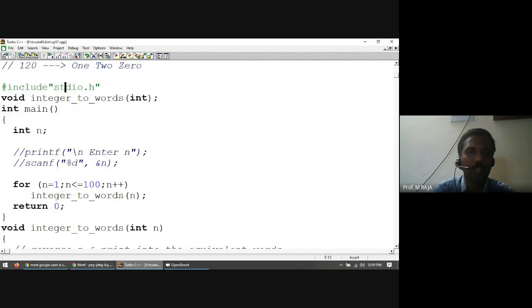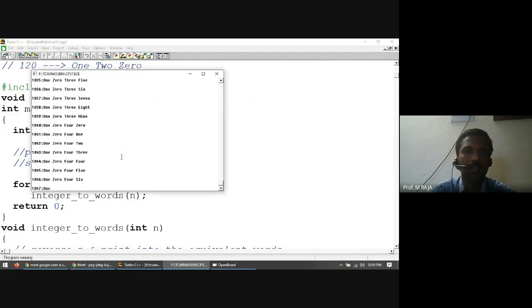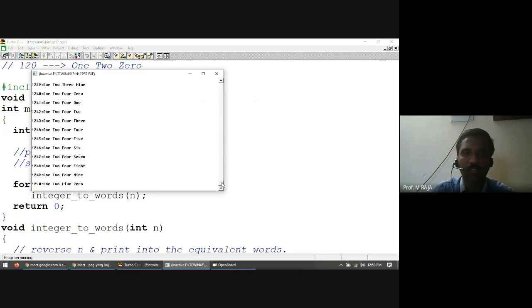In case your input is n equal to 1000 up to 1250, file save, control F9, you can see the result.